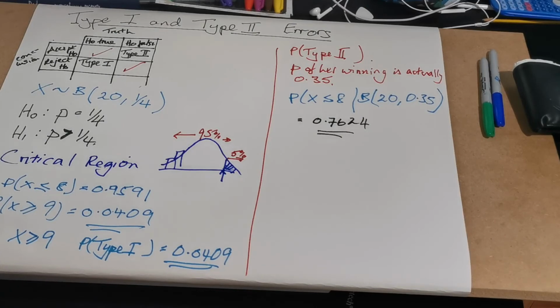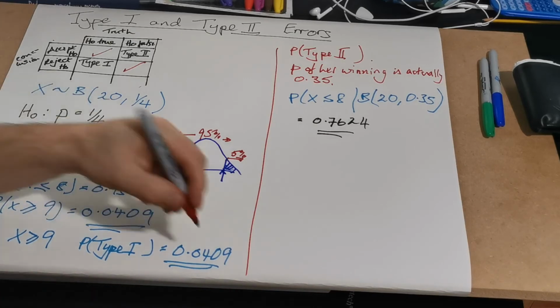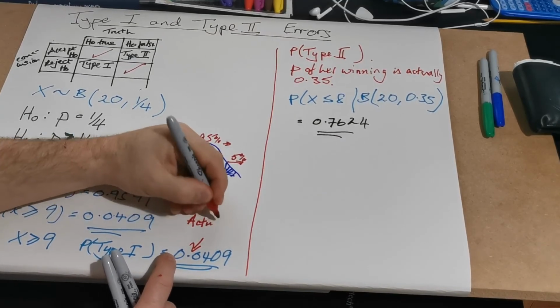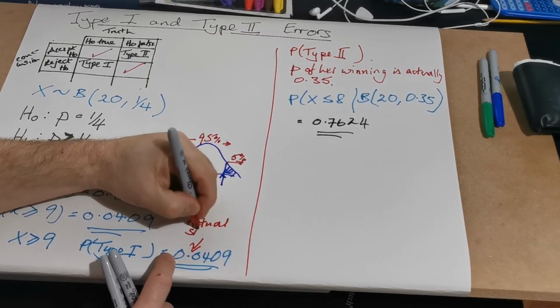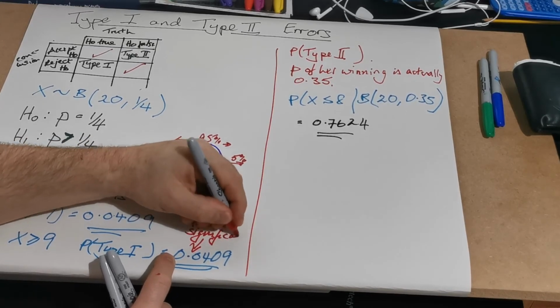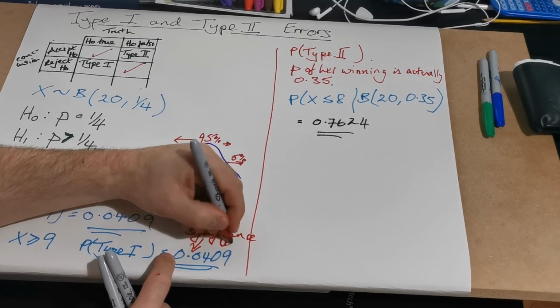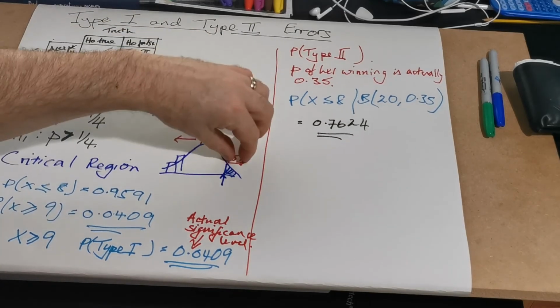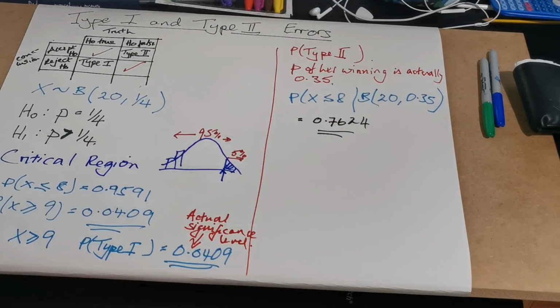Okay, so this here is known as the actual significance level. And earlier on in my explanation I spoke about 95% significance. Actually it's 95% confidence. 5% is the significance level.